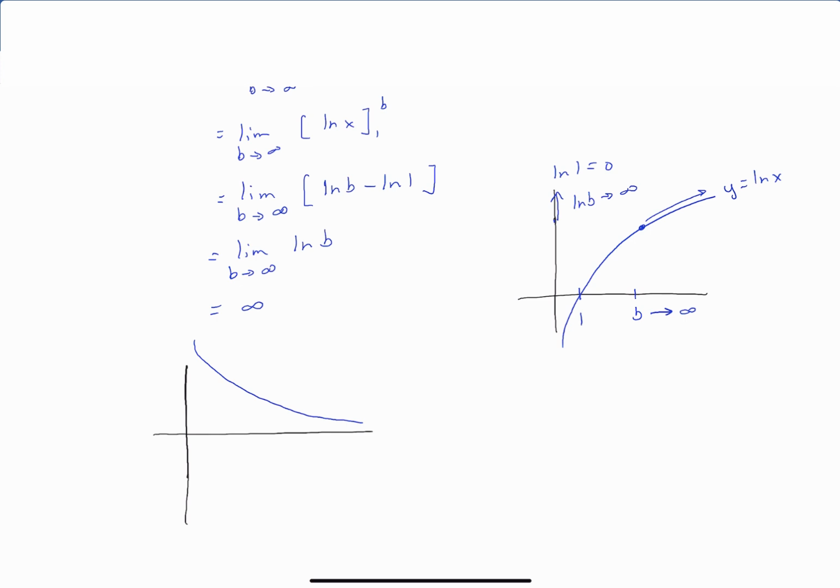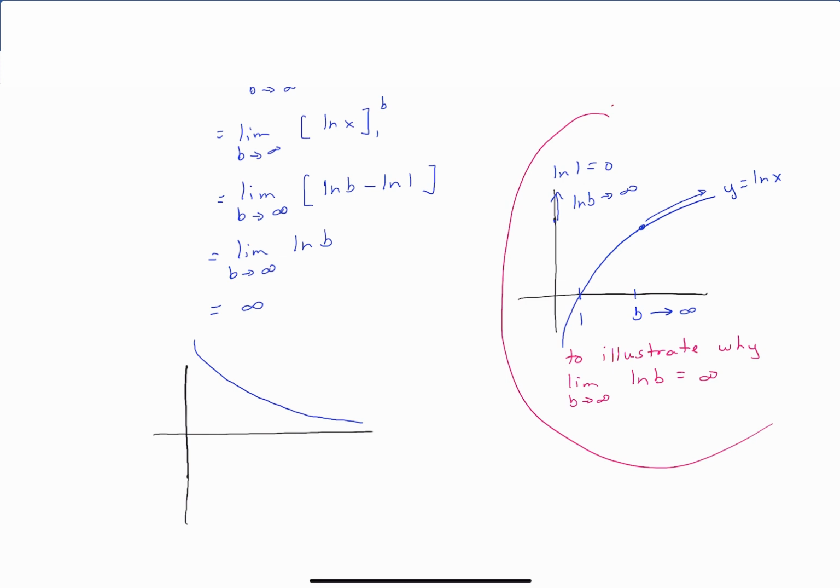Okay, this graph of the ln of x, I just put this here to illustrate why it is that I was about to say that the limit as b went to infinity of ln of b was infinity. That's all this graph was for.